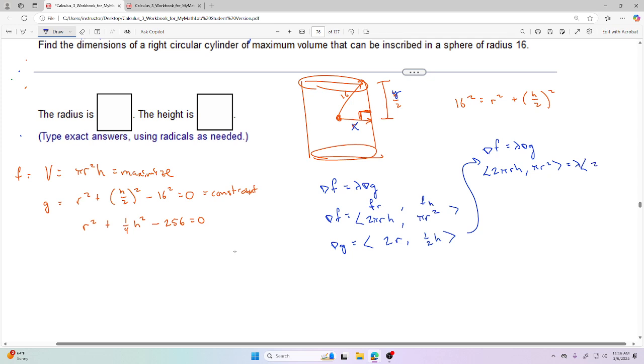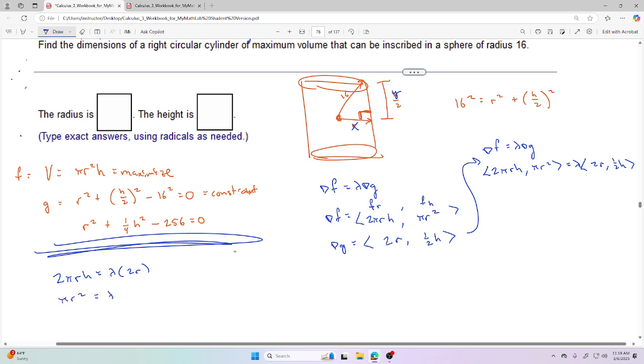I'm just rewriting it so I feel better about myself. I'm not actually doing any math there. But there's two individual equations now. I got 2 pi rh is equal to lambda times 2r. And then I have pi r squared is equal to lambda times 1/2 h.